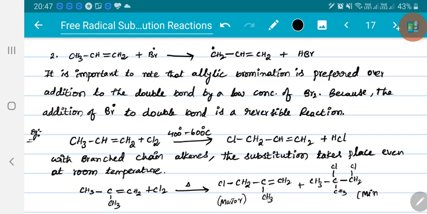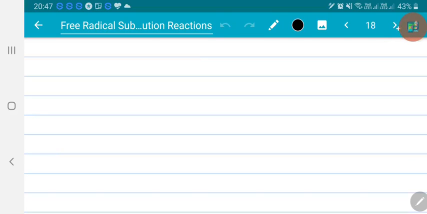The reason for that is, it is important to note that allylic substitution is preferred over addition to the double bond, because the addition to the double bond is a reversible reaction, right? And remember, this reaction occurs for a substituted alkene.